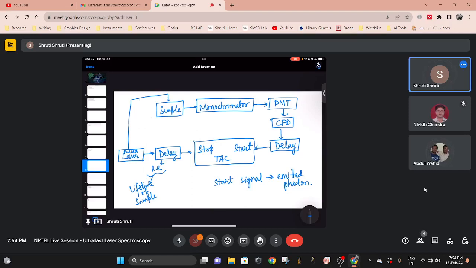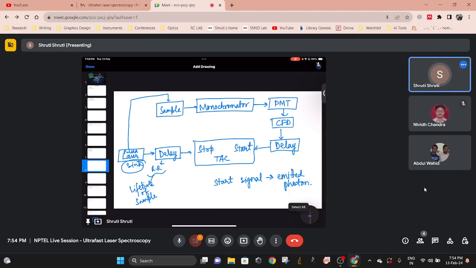Some part of the laser, which is called the sync, with very less intensity, will go to the TAC. Most of it will go and excite your sample. You will get the first photon, and the first photon will come here and start the process.